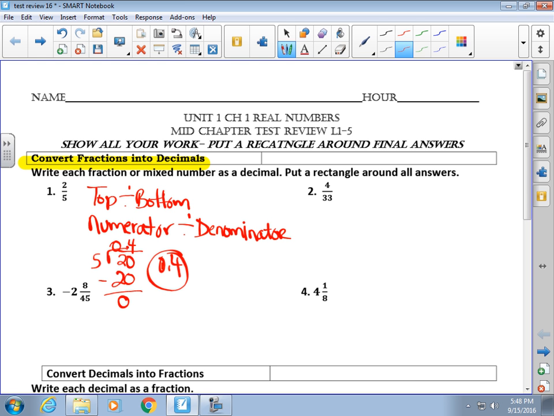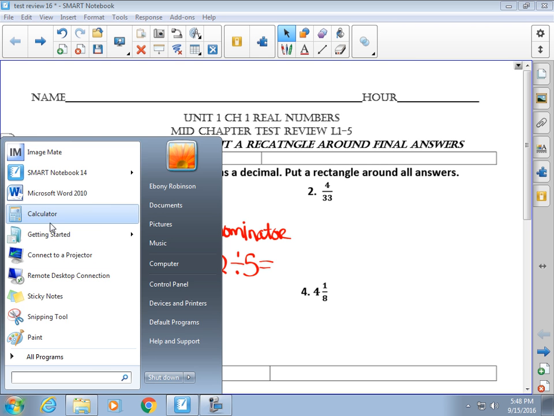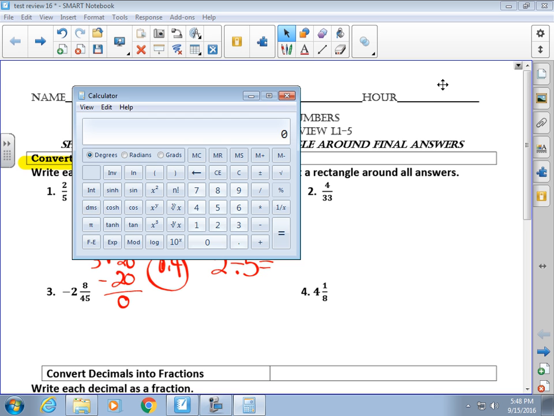Another way to do this is in my calculator, I would put in 2 divided by 5. So I'm going to pull up my calculator. Two divided by 5, it equals 0.4. So my answer is correct.